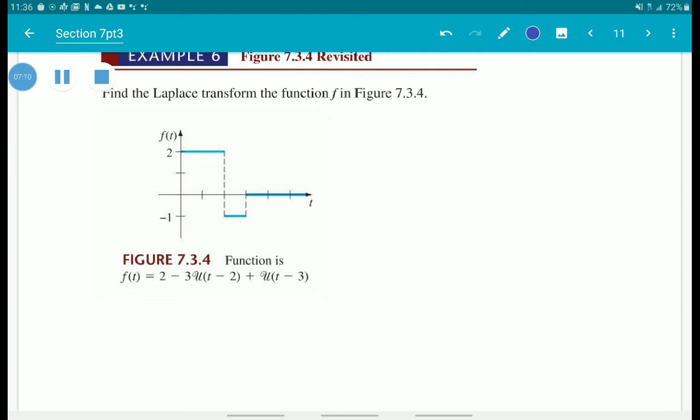Let's say we want to take the Laplace of this guy. So we could take the Laplace of each piece separately.